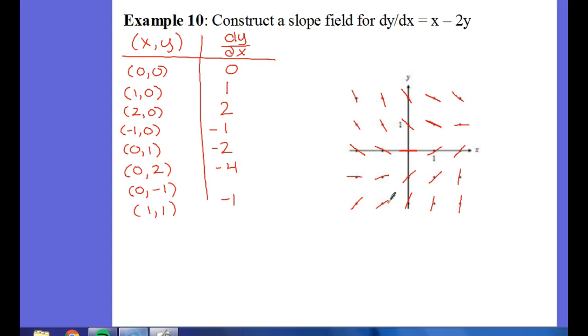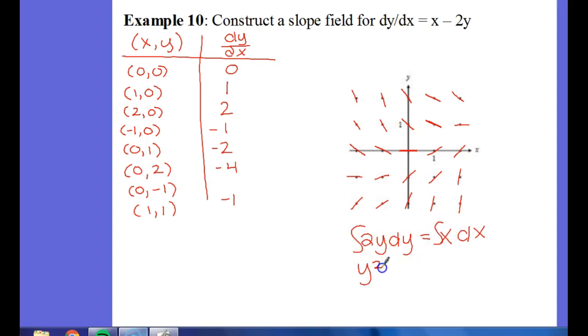Once again, if you wanted to solve it, you would keep the x on the dx side and add over the 2y. This is kind of like implicit differentiation. So you'd have 2y dy equals x dx, and then you find your antiderivative.